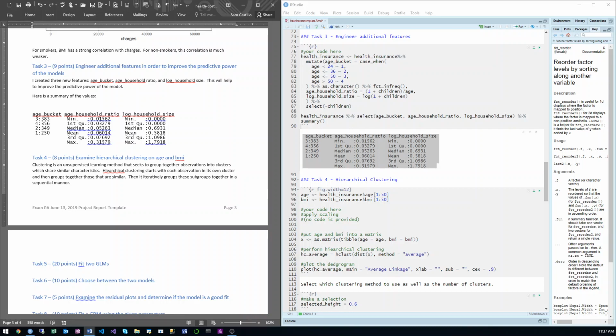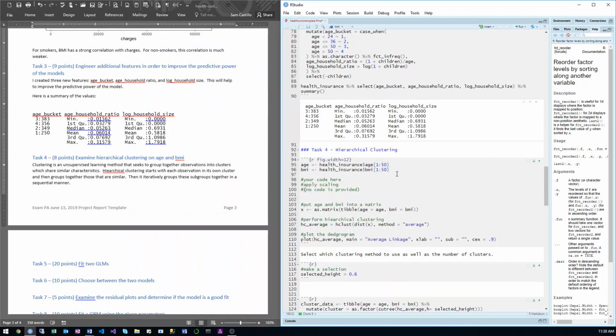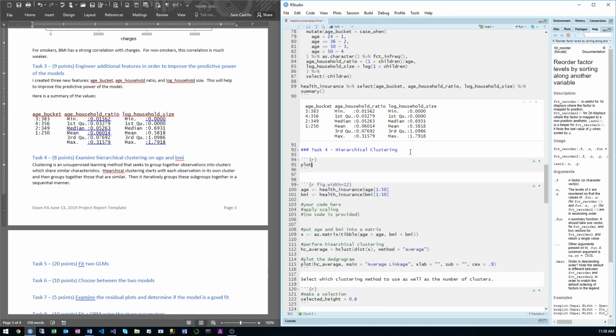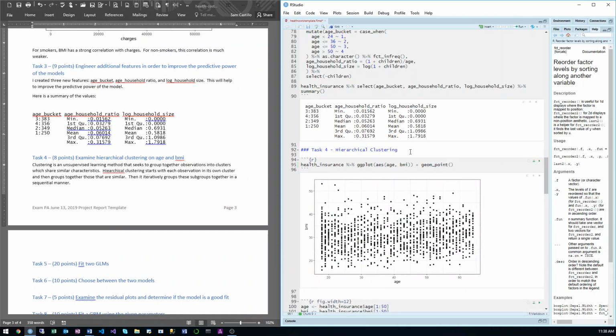And this says to use Euclidean distance, right? So what does this mean? It means that if you look at a plot between these two variables, it will try to put people into clusters based on the Euclidean distance.